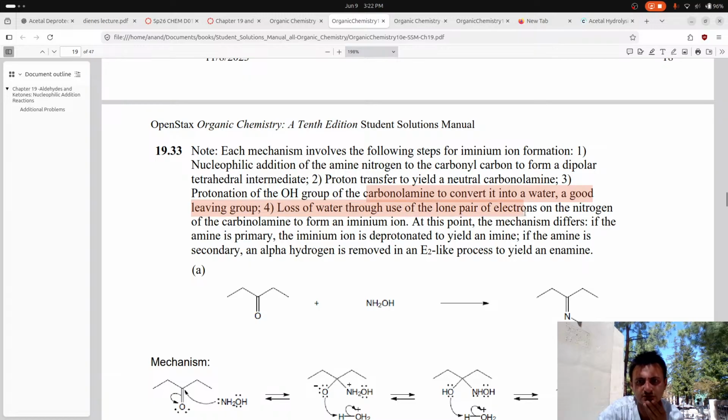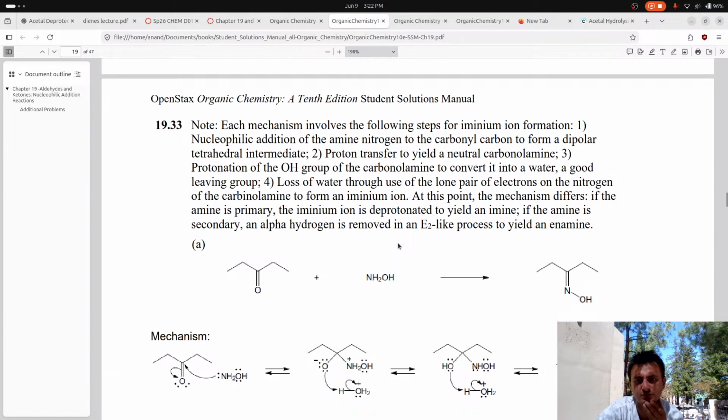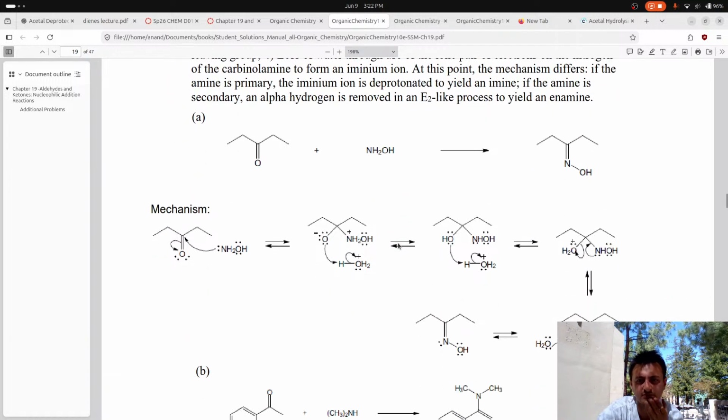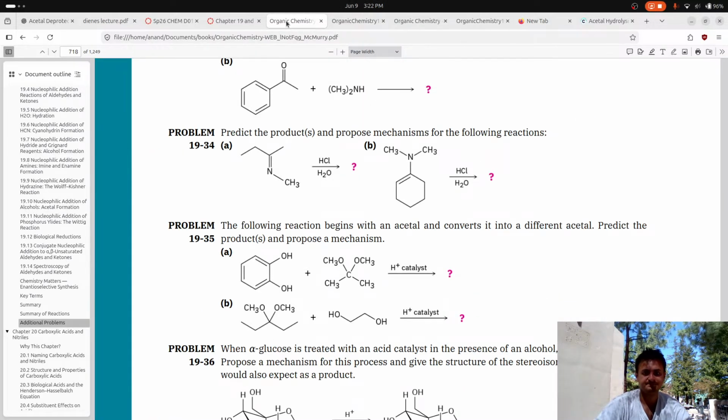Loss of water through the use of a lone pair from an aminium. At this point, the mechanism differs. If the amine is primary, the aminium is deprotonated to yield an imine. If the amine is secondary, an alpha hydrogen is removed and an E2-like process yields an enamine. So it's literally just enamine for imine. Okay, so we got the imine. Now let's do the enamine.